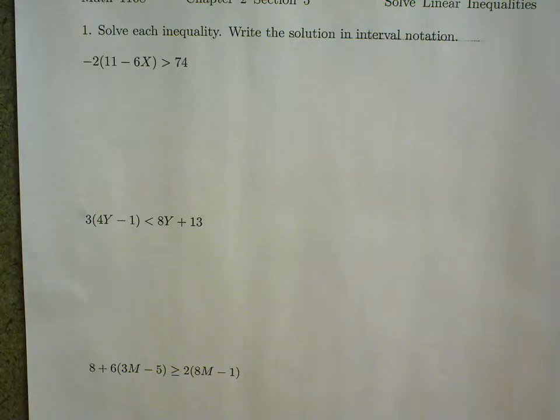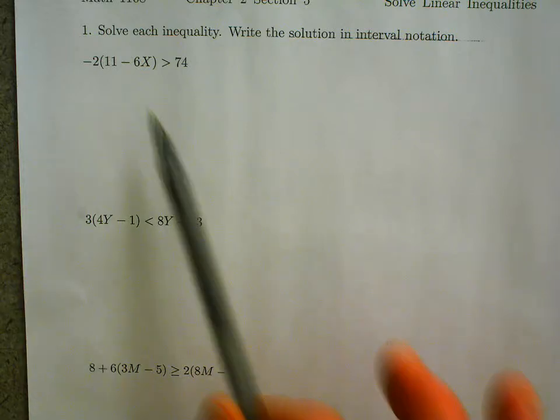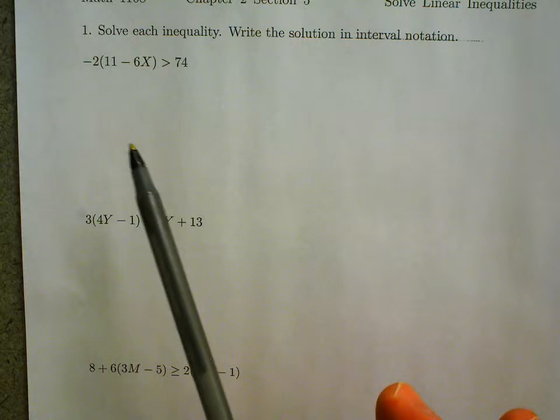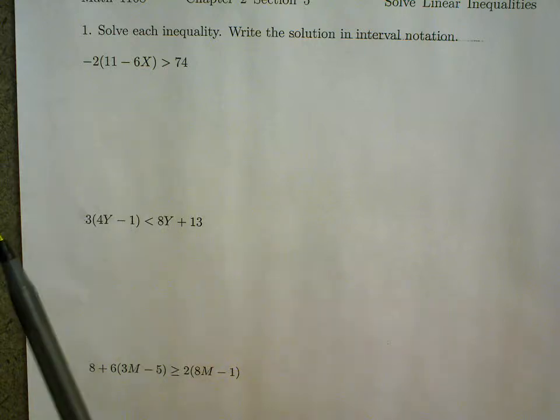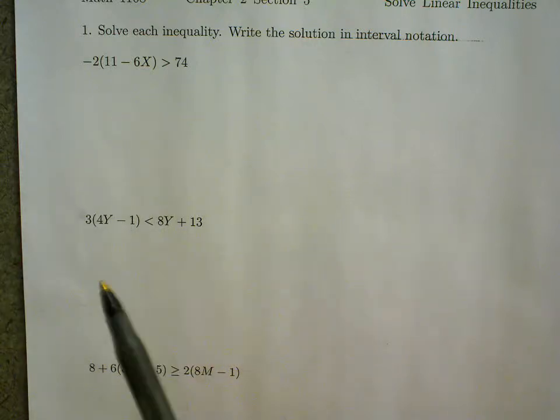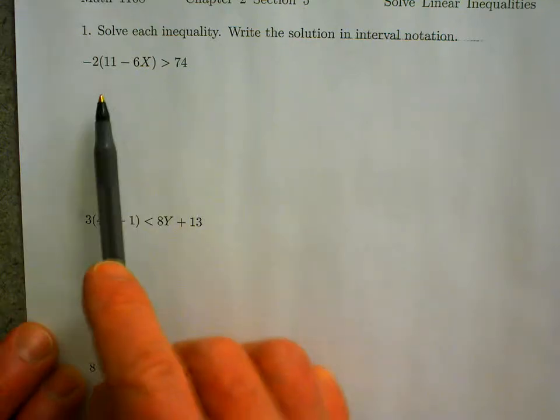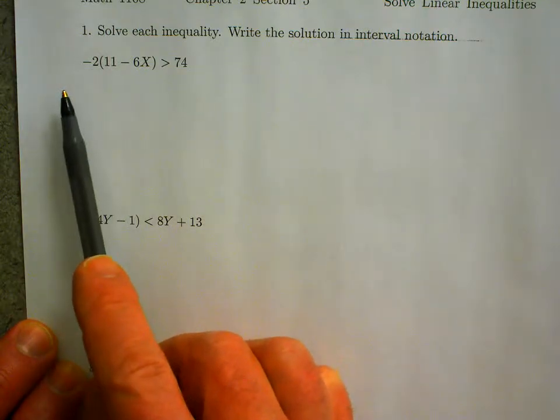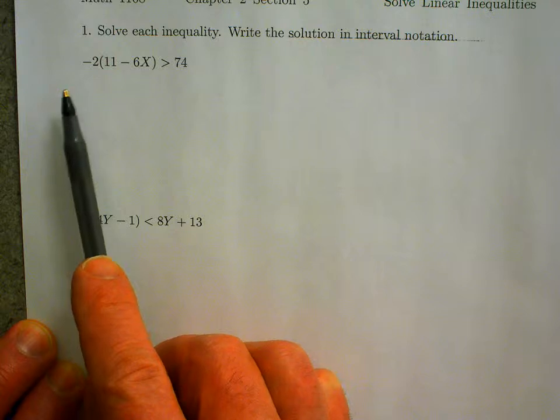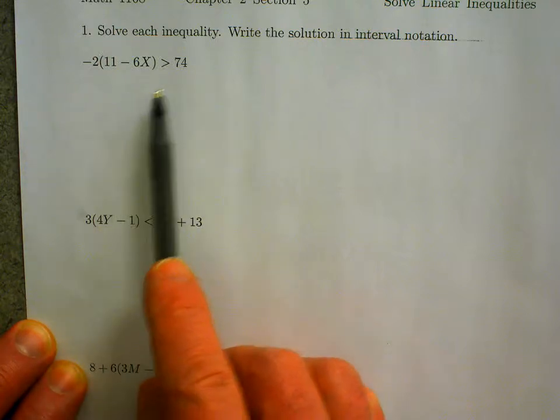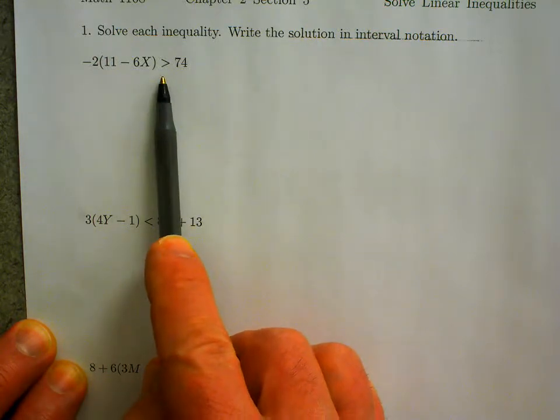Also, if you divide both sides of an inequality by a negative number, you have to switch the inequality to its opposite. And we might have time a little bit later to explain why it works that way. But for now, let's just remember, if you multiply both sides of an inequality by a negative or divide both sides by a negative, you must switch the inequality to its opposite.